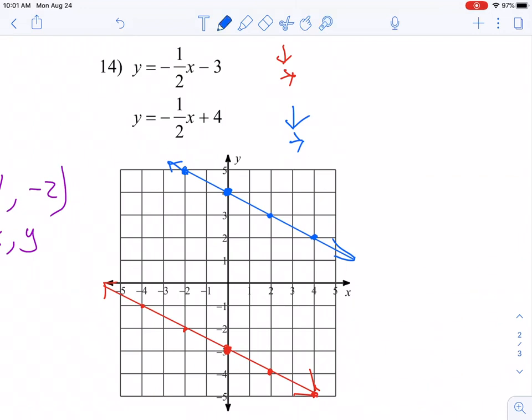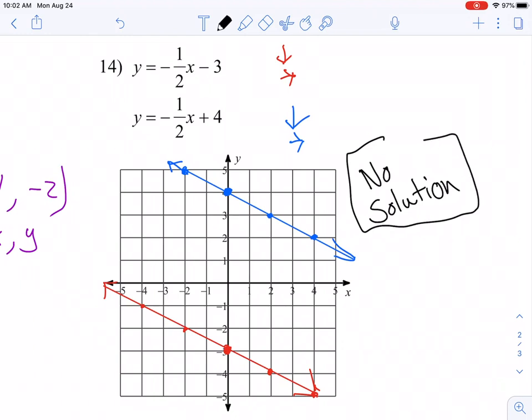So the solution to this system of equations we would describe as no solution. There's no point where these lines will cross for infinity. So there's just no solution to these because our slope is the same. And the slope has to be exactly the same.